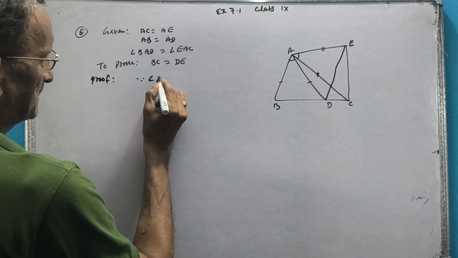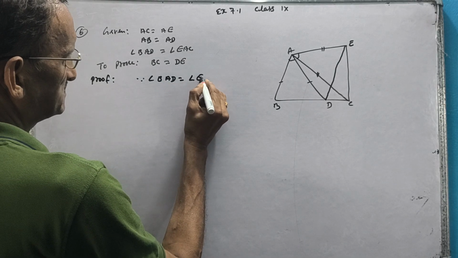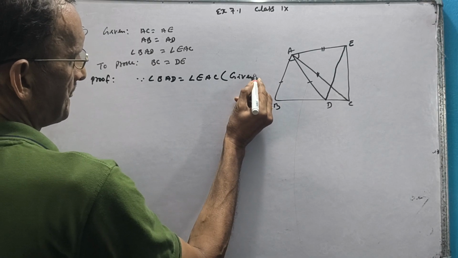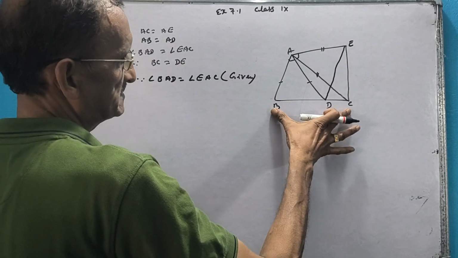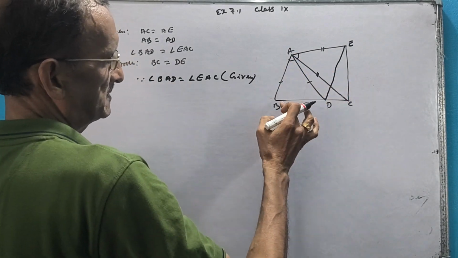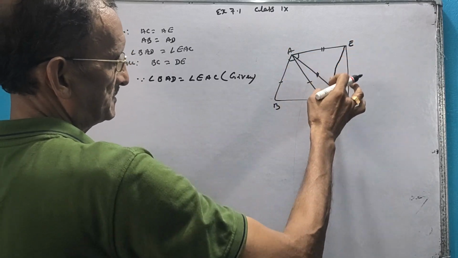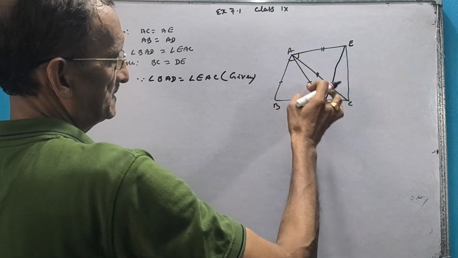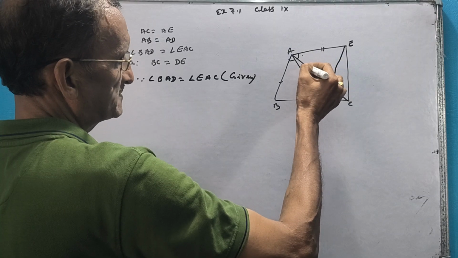What is given? Angle BAD is equal to angle EAC. Since we need to prove BC equal to DE, BC is the side of triangle ABC, where we have angle BAC. DE is the side of triangle AED, where we have angle EAD. To get BAC we need to add this plus this, and to get EAD we need to add this plus this.